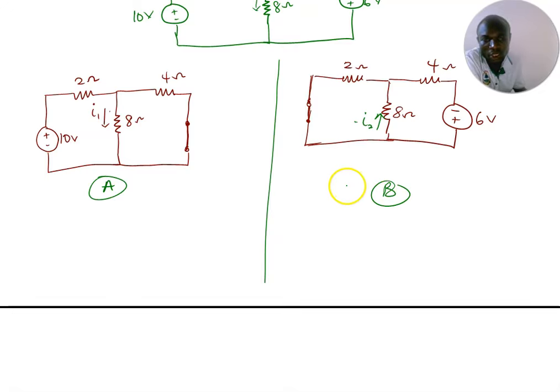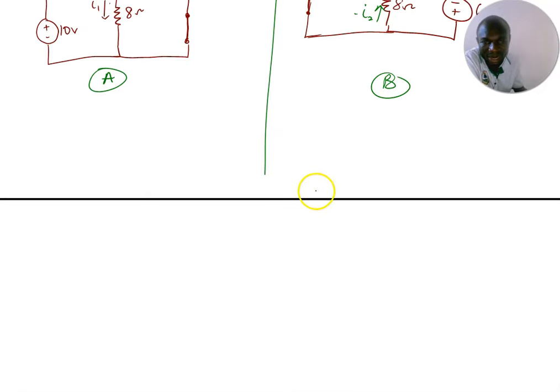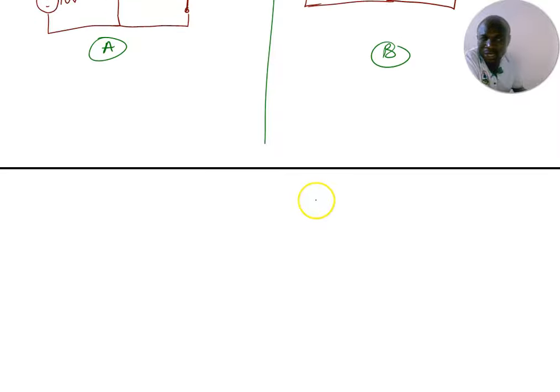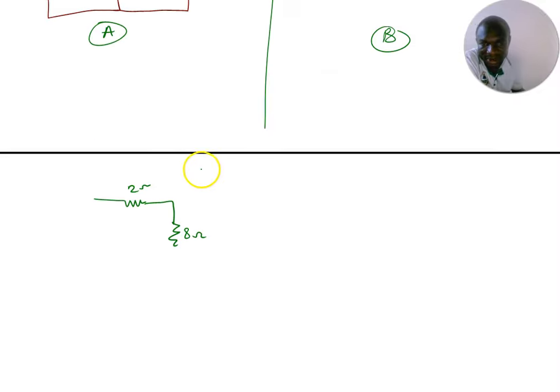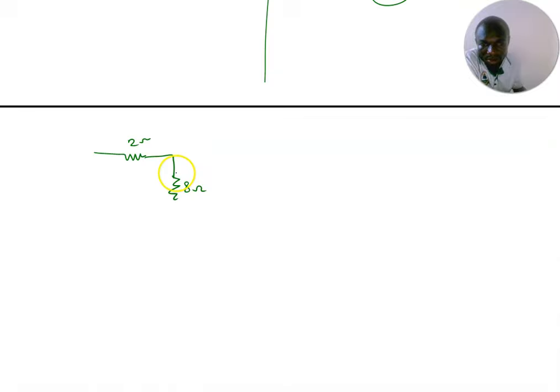So I'm going to show you a short way of getting the I1. I'm not going to pass through nodal analysis. I'm going to show you a short technique. So with this, let me redraw it here. I have my 2 ohms here and I have 8 ohms at this end. Then I have my 4 ohms at this end and the short circuit path.